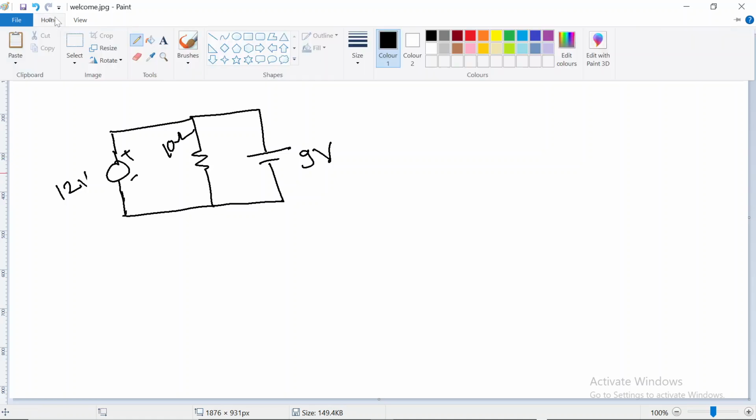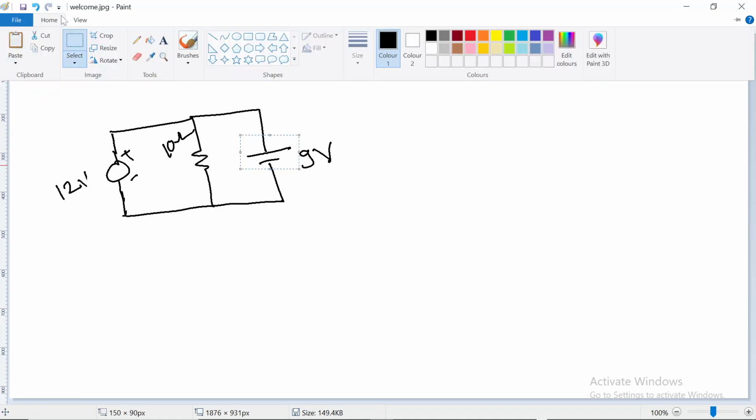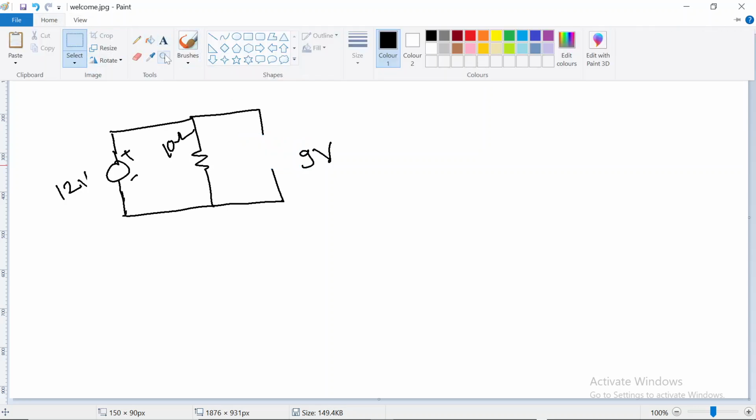Similarly, you may replace this battery too with a voltage source from Simulink. This is actually a pitfall. What is the problem here? I will explain.